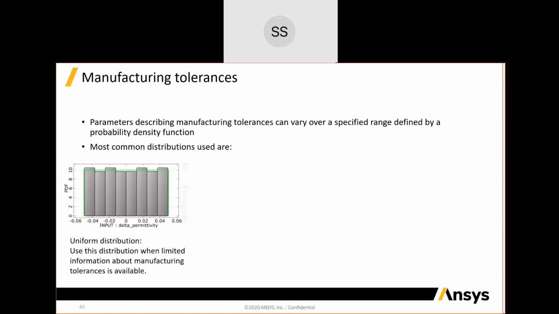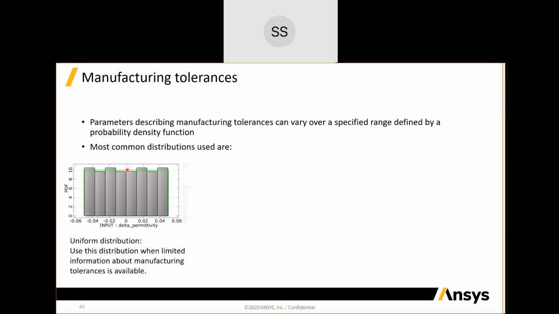And I typically use those when I don't have much information provided to me from the manufacturing process. So there might be something set where the permittivity is 2.44 plus or minus 0.04. And so I use the uniform distribution because it really assumes the worst case scenario.